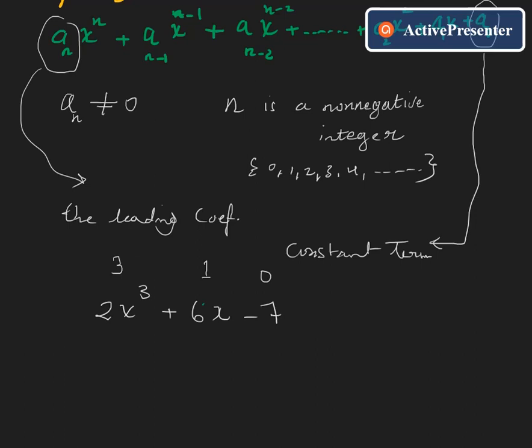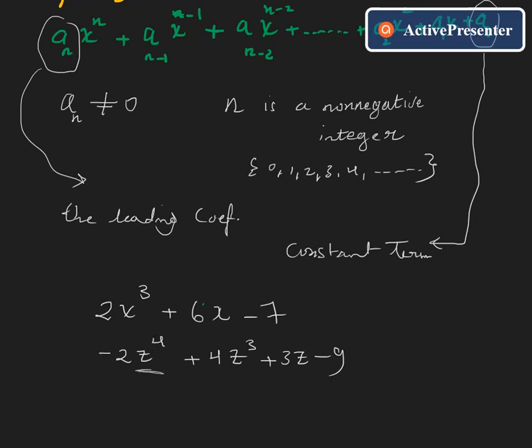Another example, if I say to you minus 2z to the power 4 plus 4z cubed plus 3z minus 9. Here it is in the standard form. Why is that? Because we started with the highest degree, which is 4 here.